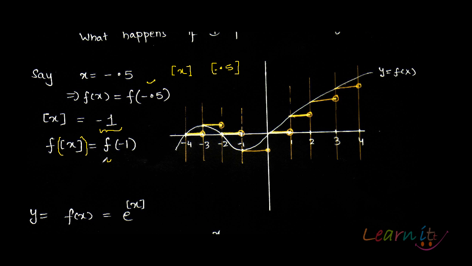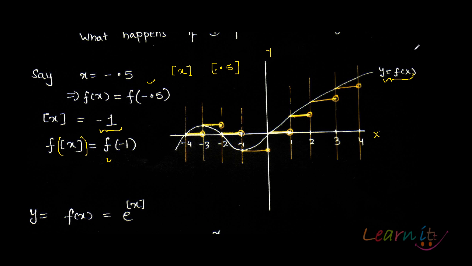So in that case, what do you think, how will your graph look? While plotting the graph, we have both axes, x and y, out here. Now I draw a graph of y equals f(x) like this.